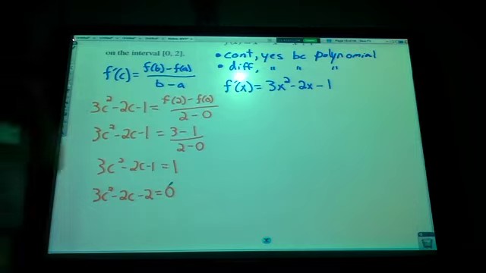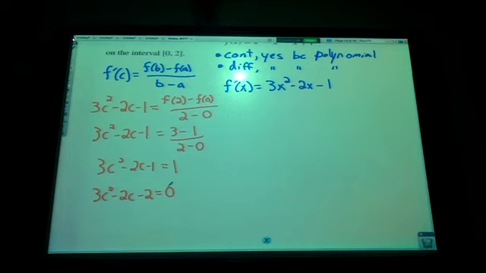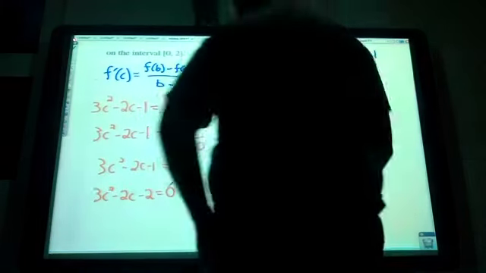Give you a second while you solve that, making sure I've done everything correctly to this point. All right, will it factor? I don't believe so. So we are going to have to use the quadratic formula again.